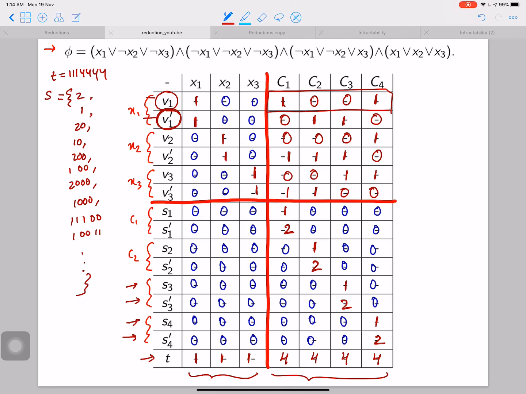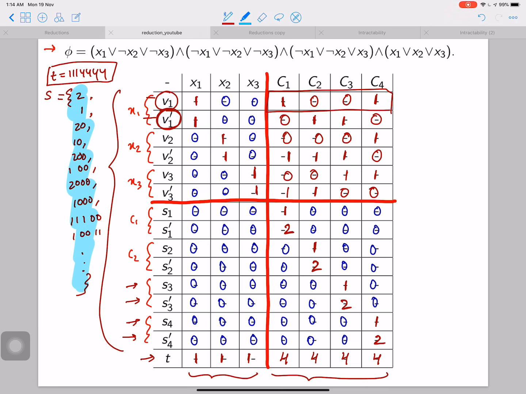If you see this entire thing, we have 14 numbers. So now I say that I have identified an equivalent subset sum problem, which has the target value as this and the set of numbers as this.